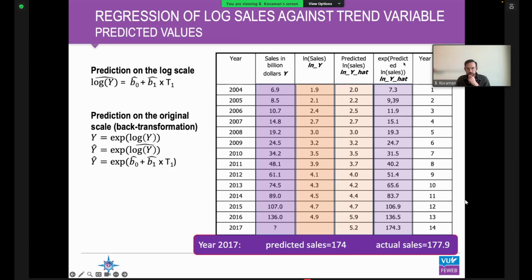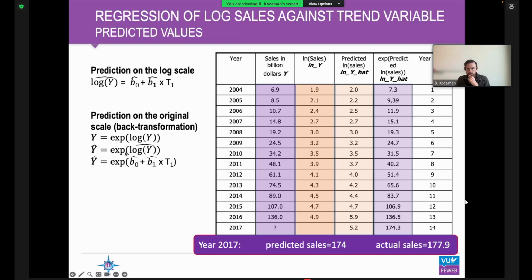And what is really critical here is to back transform it to sales. And the way to back transform, if you remember, if you take an exponential of the log variable, then you actually go back to the original variable. So e to the power log y is actually y itself.